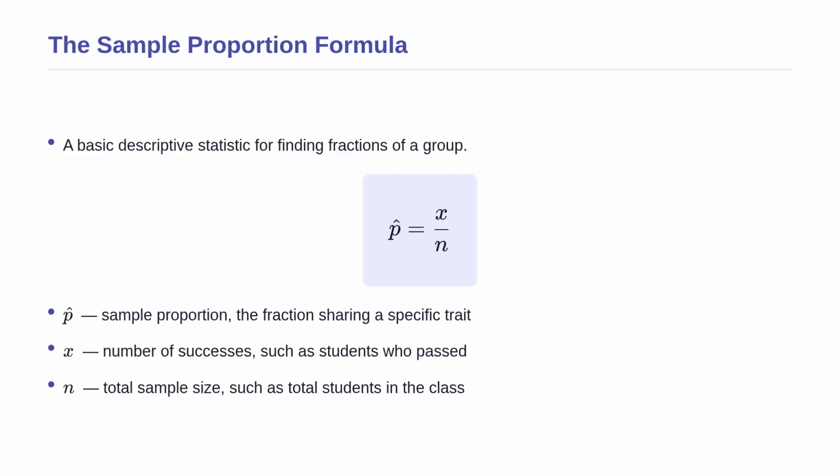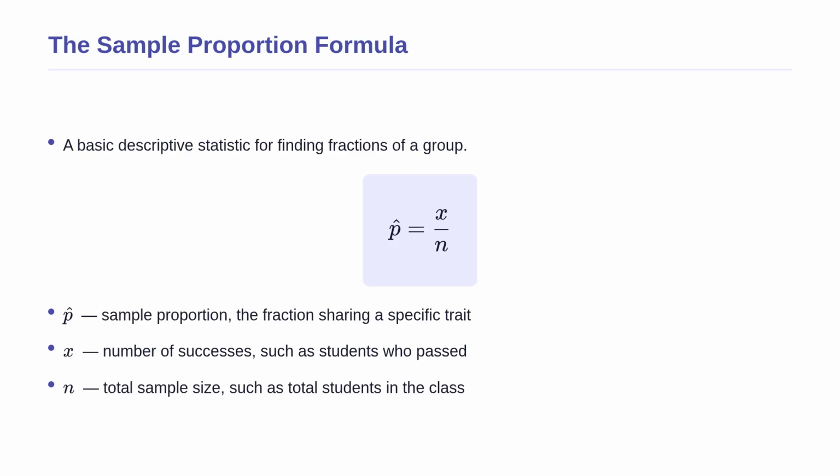To find this descriptive summary, we use the sample proportion formula. In this descriptive formula, the symbol p hat represents the sample proportion, which is the fraction of the group that shares a specific trait. The symbol x represents the number of successes, which in our case is the number of students who passed the exam.